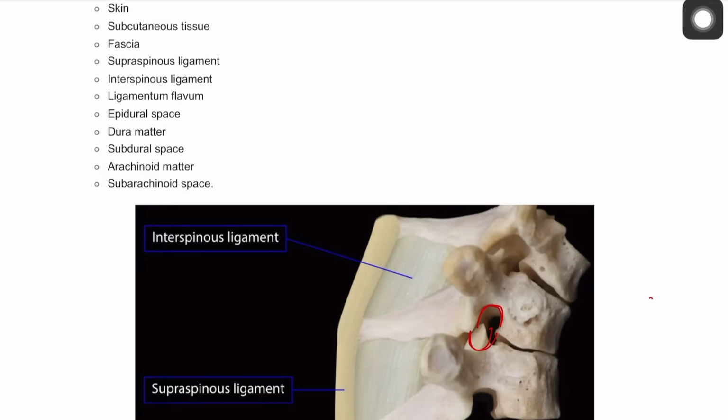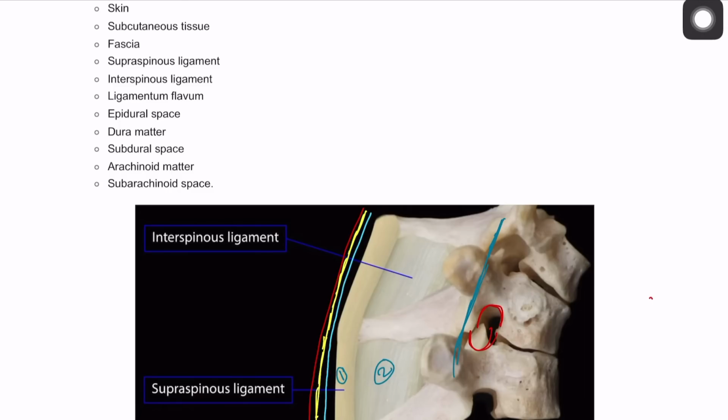But here, in terms of the layers, you get the skin first, and below the skin there is subcutaneous fat, and then you go on to a fascia after that. So these are all the basic layers. And then you go to the ligaments, of which you have 3. 1 is the supraspinous ligament, 2 is the interspinous ligament, and 3 is the ligamentum flavum, which will be here.